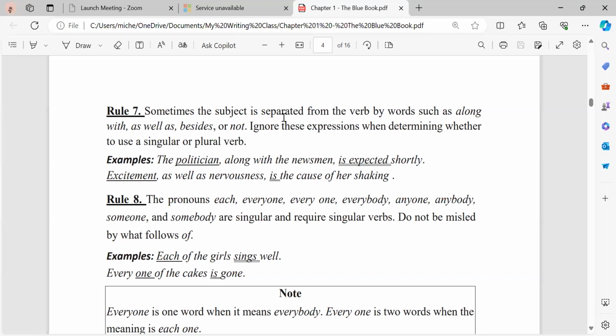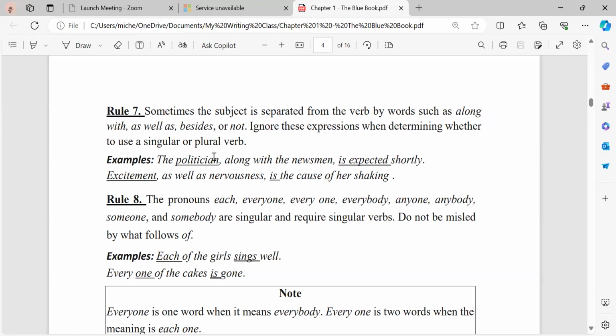But based on rule number 7, the subject is separated from the verb by words such as "along with," "as well as," "besides," or "not." We should ignore these expressions when determining the main subject and whether to use a singular or plural verb.